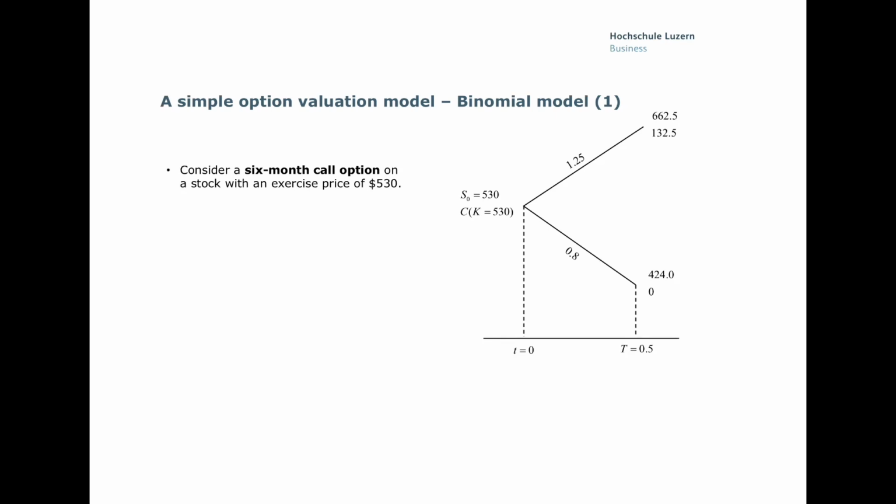valuation models. The valuation approach is best illustrated by means of an example where we consider a 6-month call option on a stock with an exercise price of $530. The stock is currently trading at $530, which means the option is at the money.